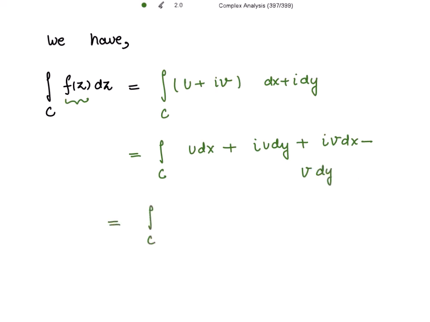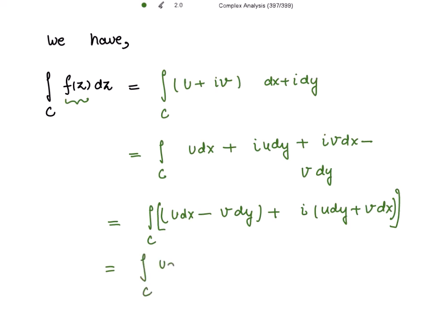Separating the real parts, we have u dx minus v dy, plus iota times u dy plus v dx. Separating the integrals, we have two line integrals over the curve C.